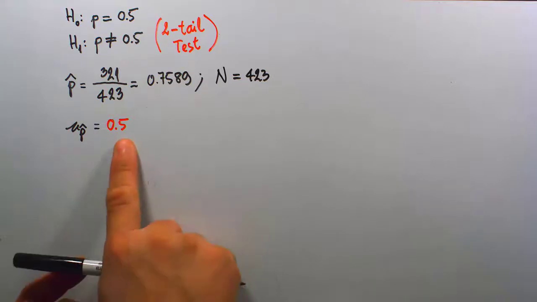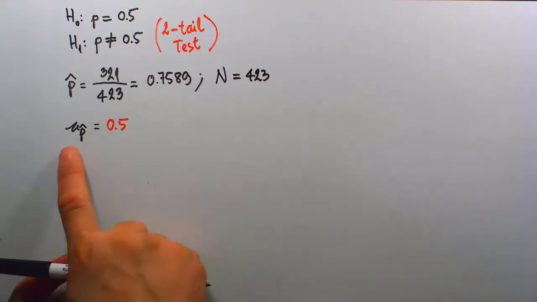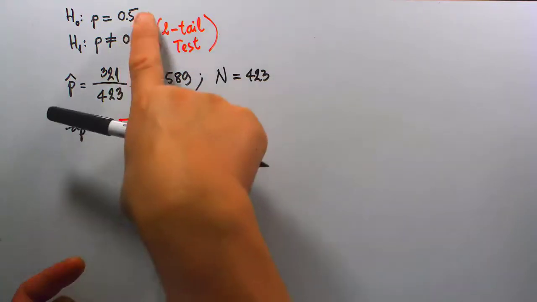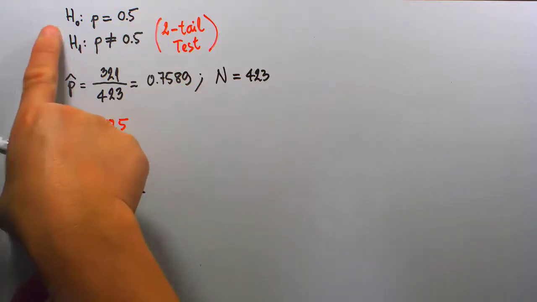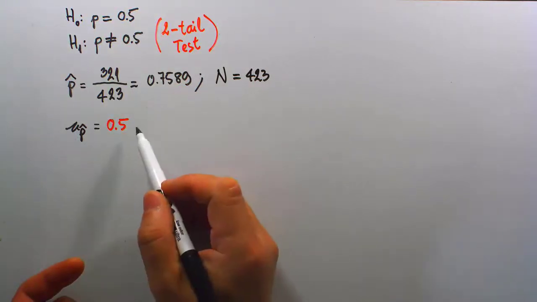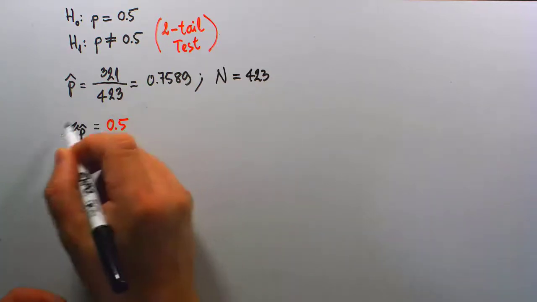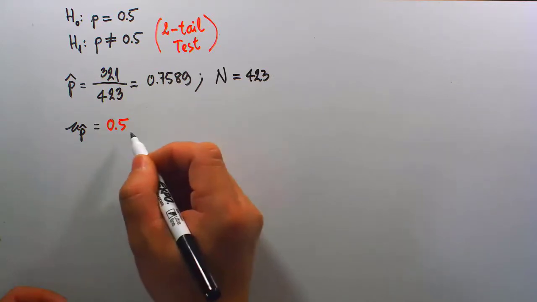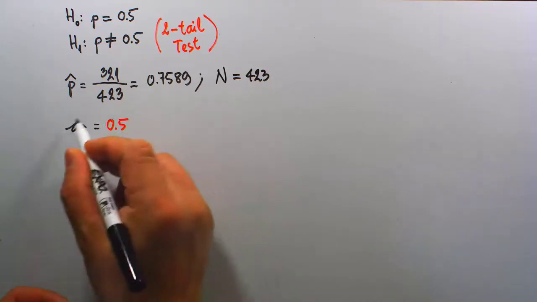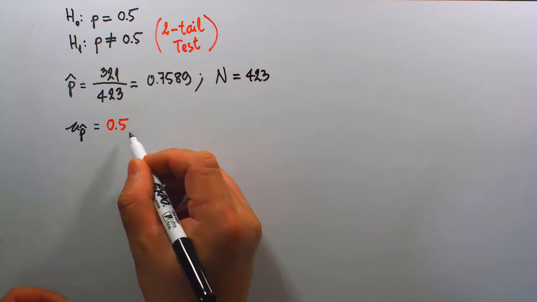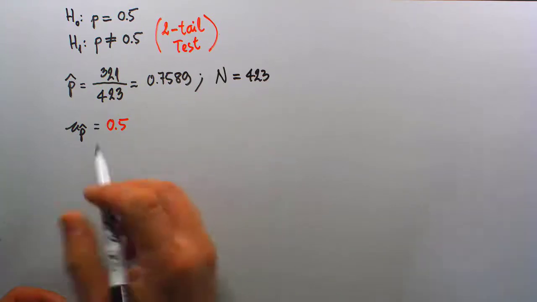The only connection I can see for now is our mu p hat is always equal to the value being claimed in our null hypothesis. And if you look back at the earlier examples, it has also been the same way. And so now, after having our mu p hat, another way of understanding this is it's the center of all sample proportion values.